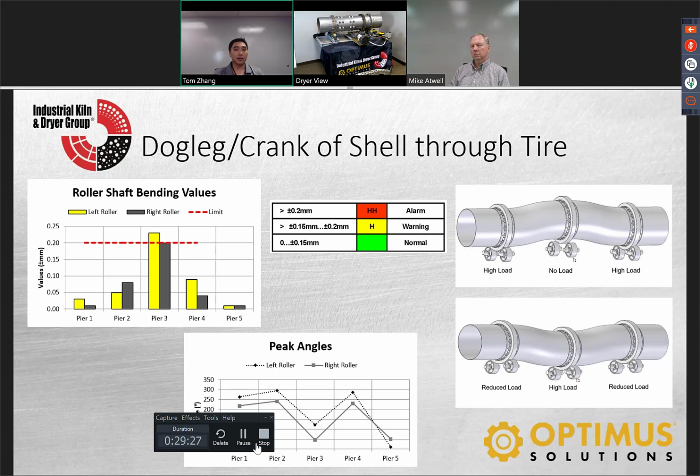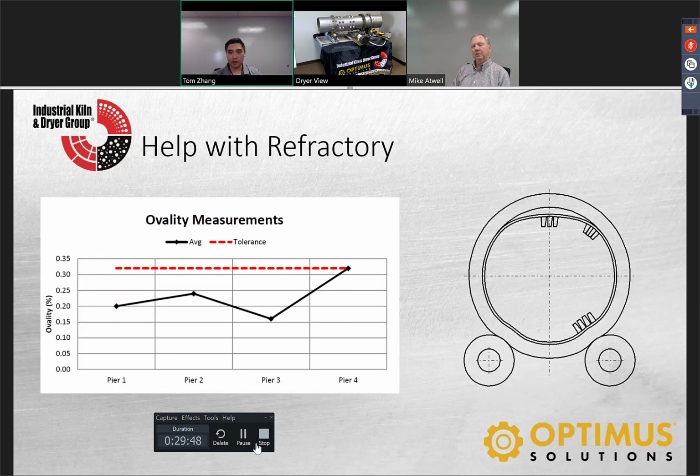There are 2 values that I look for. On the left, you see the roller shaft bending values. This is measured at roughly the 4 or 5 o'clock, or in that 30-degree angle under the roller. So you've got the tire, you've got the rollers.